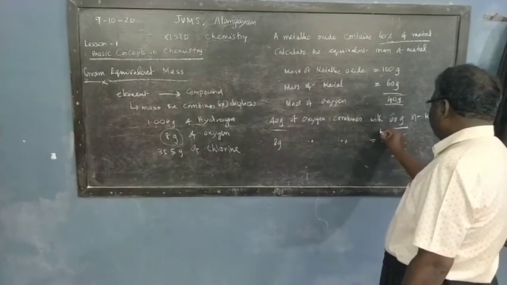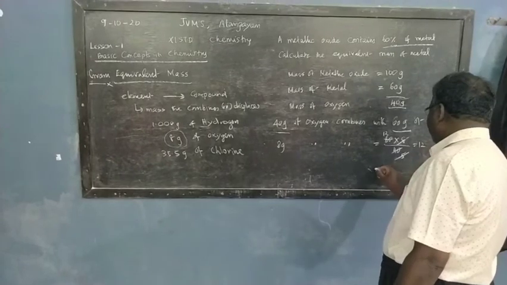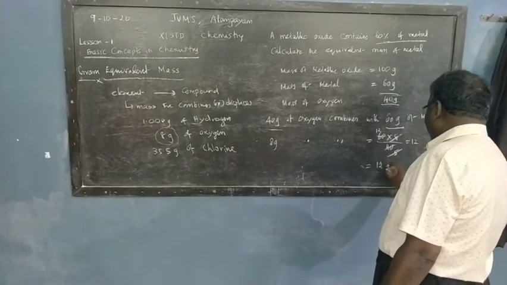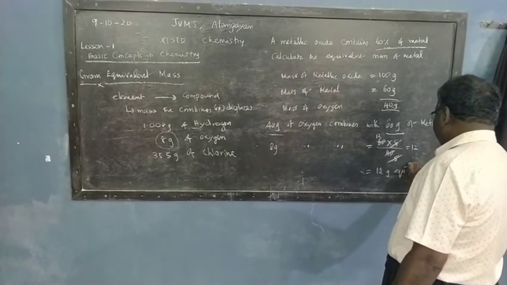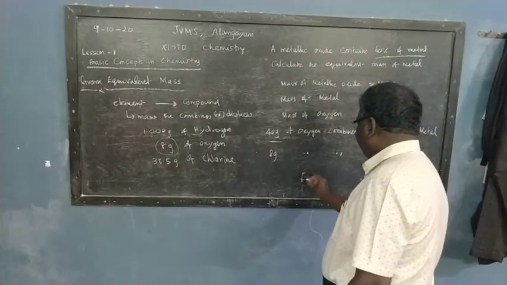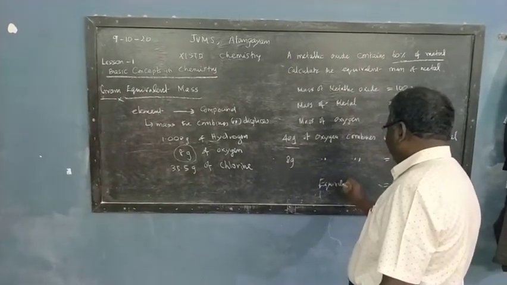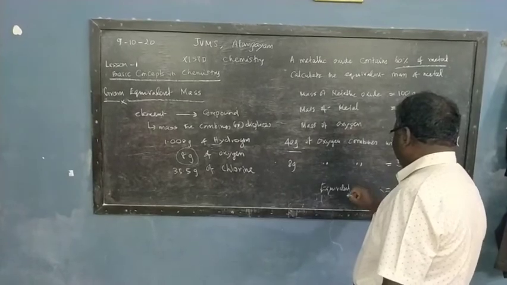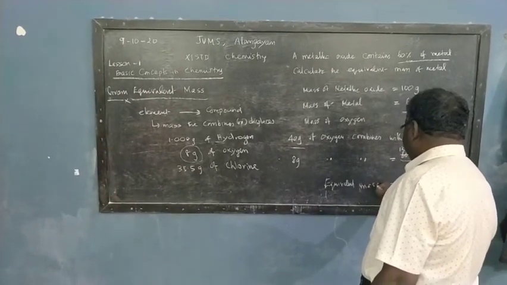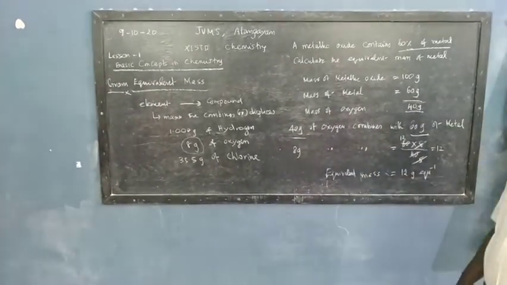This will go 12. Therefore, 12 gram per equivalent is the equivalent mass of metal. அப்போ மெட்டலினுடைய ஈக்குவலன்ட் மாஸ் எவ்வளவு 12 கிராம்ஸ் இல்லையா?